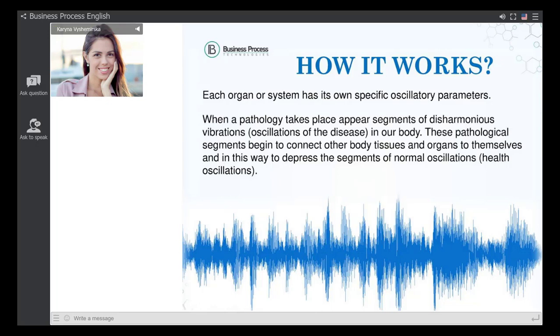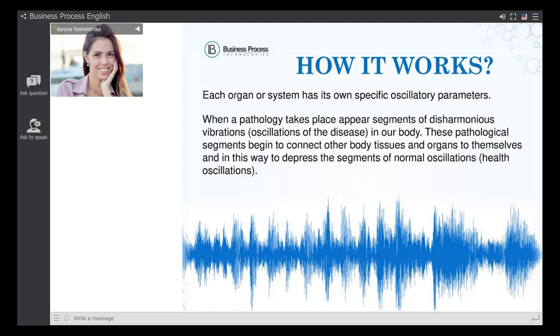And these pathological segments begin to connect other body tissues and organs to themselves, and in this way to depress the segments of normal oscillations, as we call them, health oscillations. In other words, they stop playing their role in the orchestra and play something else. They just ruin the melody, and it's impossible that other organs and systems do not repeat and start doing the same.